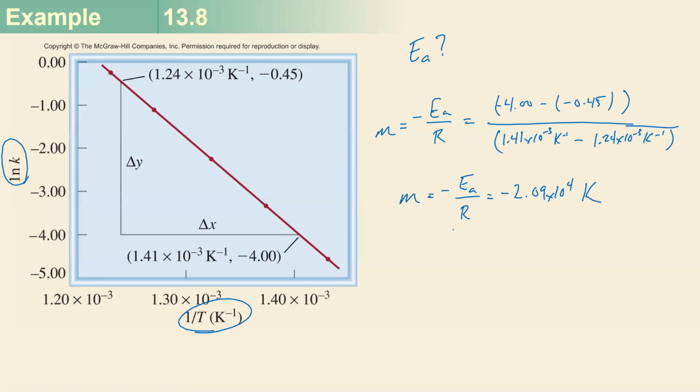Now we know R, and so we can plug all this in. Negative 2.09 times 10 to the 4th Kelvin is equal to negative activation energy divided by 8.314 joules per mole Kelvin. Multiply both sides by 8.314.